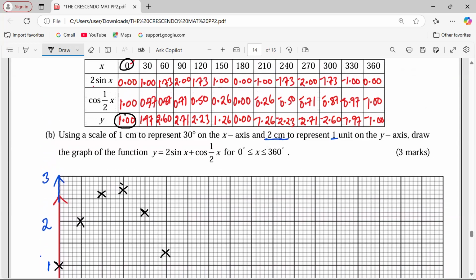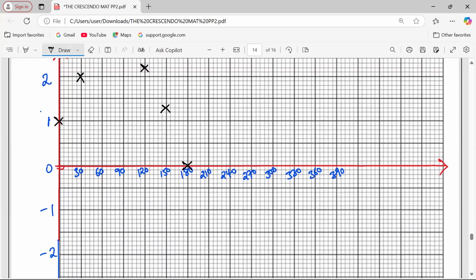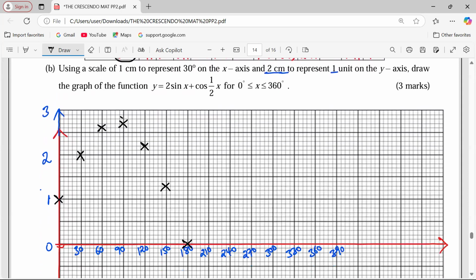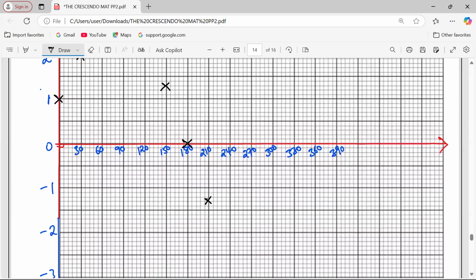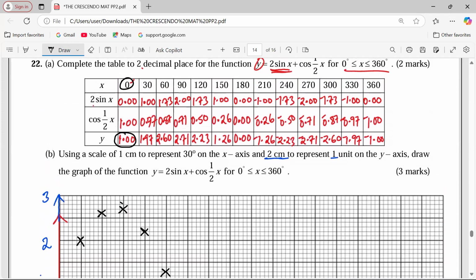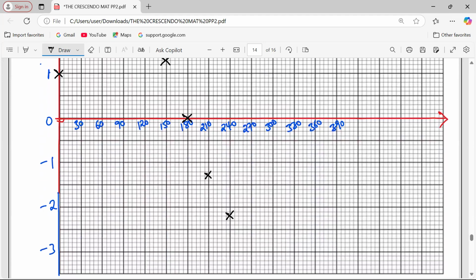When we go to 210, we'll talk of -1.3. So -1.3 shall be here. Then 240, we need -2.2. 270 goes with -2.7, which is at this point.